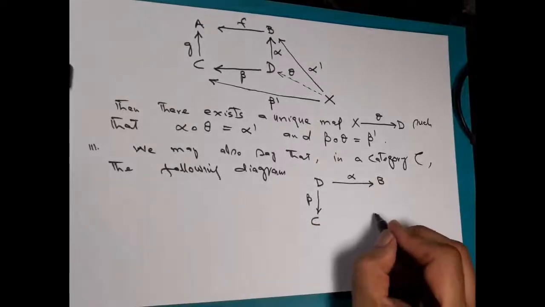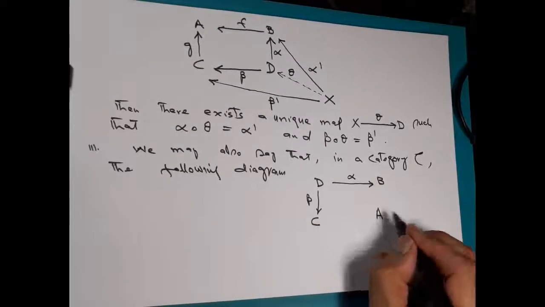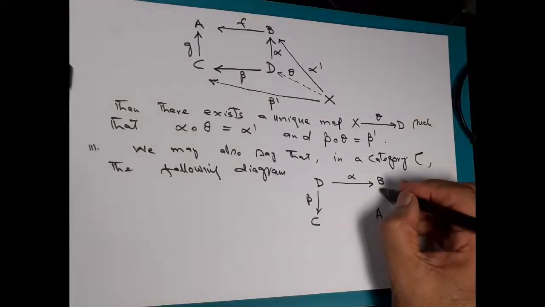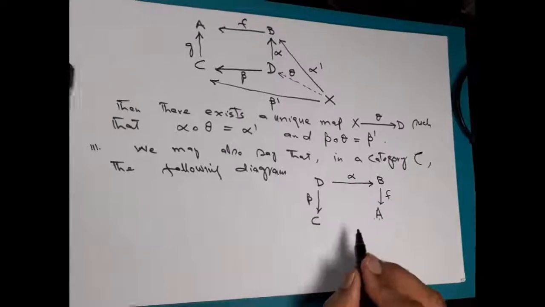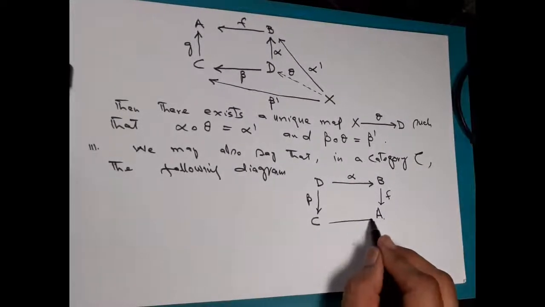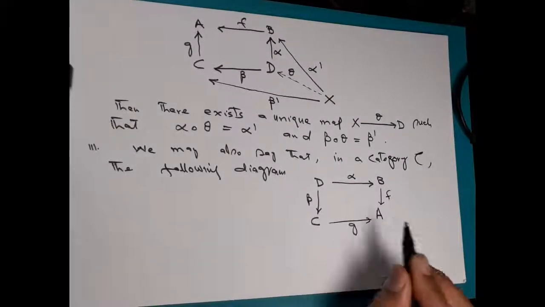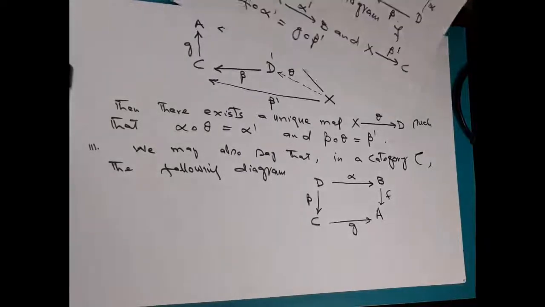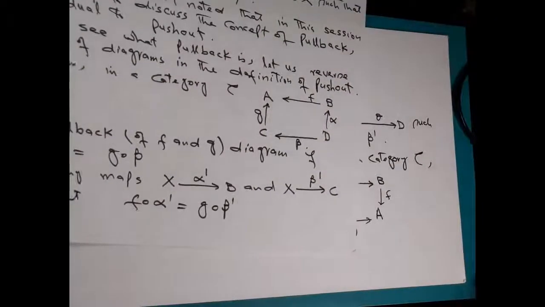Then we have an arrow from B to A, this is arrow F, and an arrow from C to A, and this is arrow G. Just note that we have drawn the same diagram as we have already done.